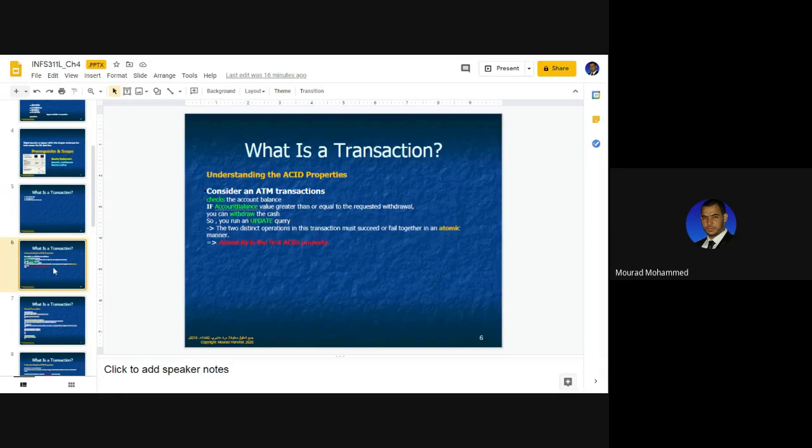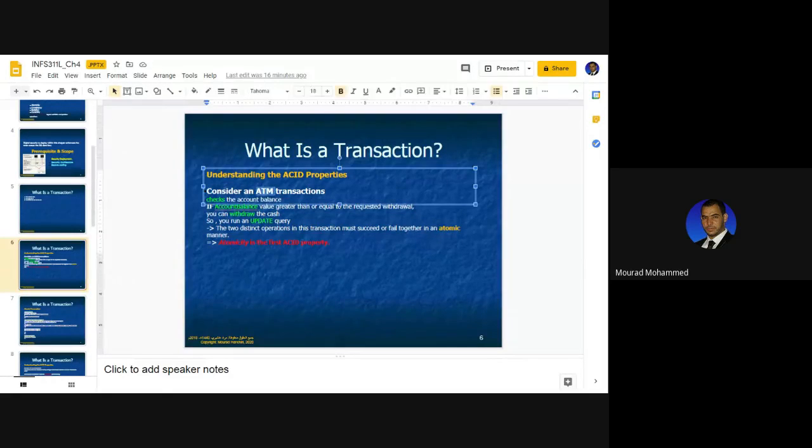We take an example of a transaction and draw the four properties on top of it: the case of the ATM distributor, let's say the withdrawal machine. A person comes to an ATM machine and tries to make a real-life transaction.